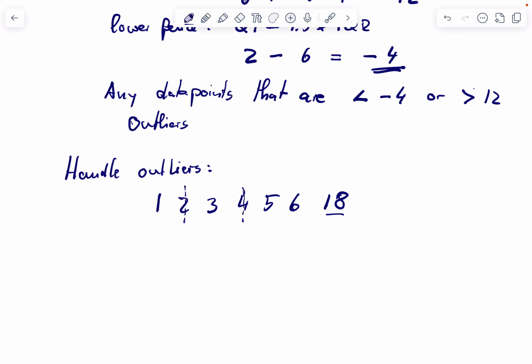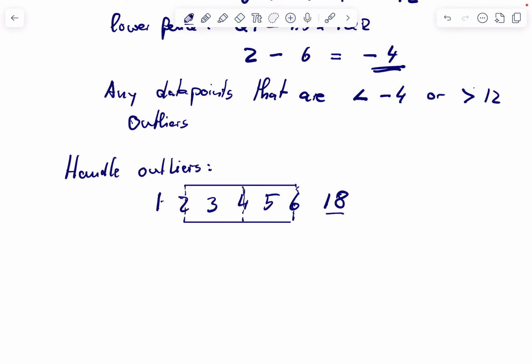We've got 2, we've got 6. What we would do is draw a whisker to the lower one that is not an outlier, but we would not draw a whisker to the outlier here. We would just indicate that with a label or something like that and say that there's an outlier.